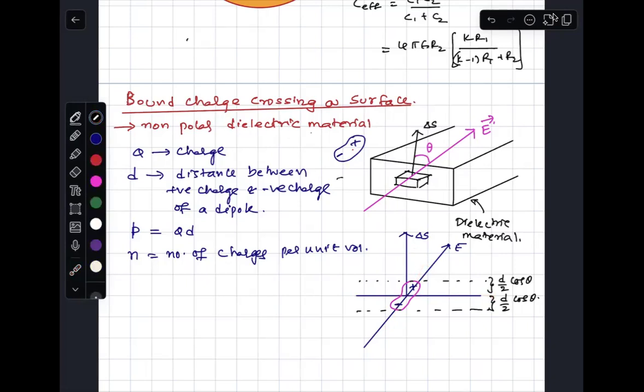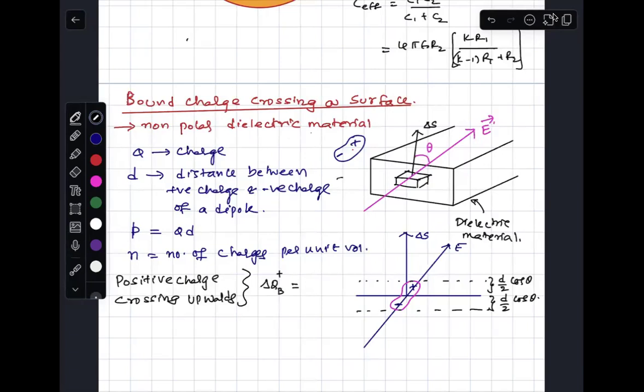Okay, fine. Now what do you want? What my point is, positive charge crossing upwards, I'll represent that as some delta Q, and remember this is a bound charge and this is a plus. Can you please help me in writing this? Anyone in the class? How much charge upwards?